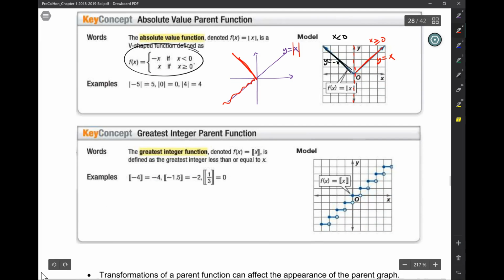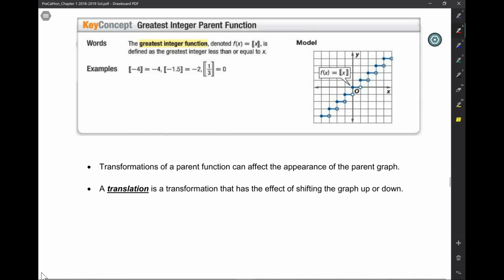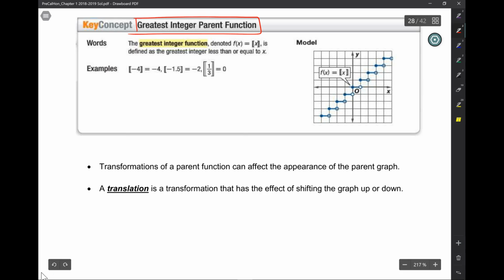I said that the reciprocal function was one of my favorites. Here is another one, this is probably the favorite one of mine. We cover it less and less now, but I always want to at least mention it because I feel like I owe it some credit. It's such a beautiful function. This is the greatest integer function, right? First of all, look at how the graph looks.